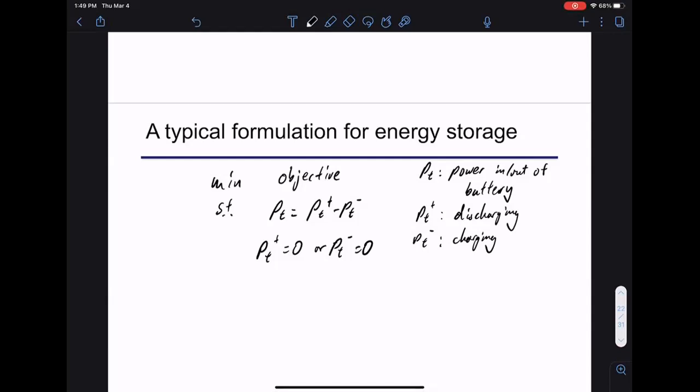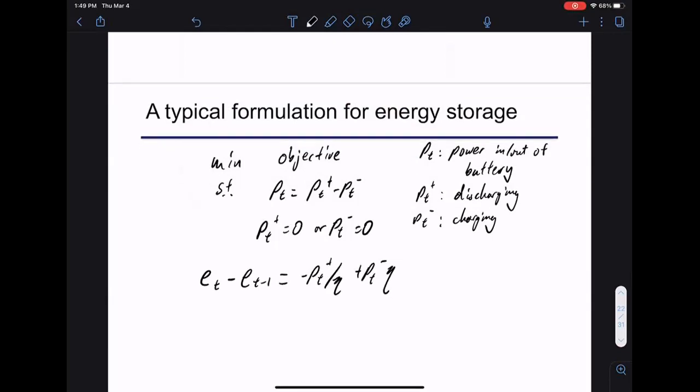Then the time evolution of the battery is as follows. The variable here, E_t, is the energy in the battery, how much energy you have, and eta is the efficiency. So when you're discharging, you're dividing by efficiency, right?